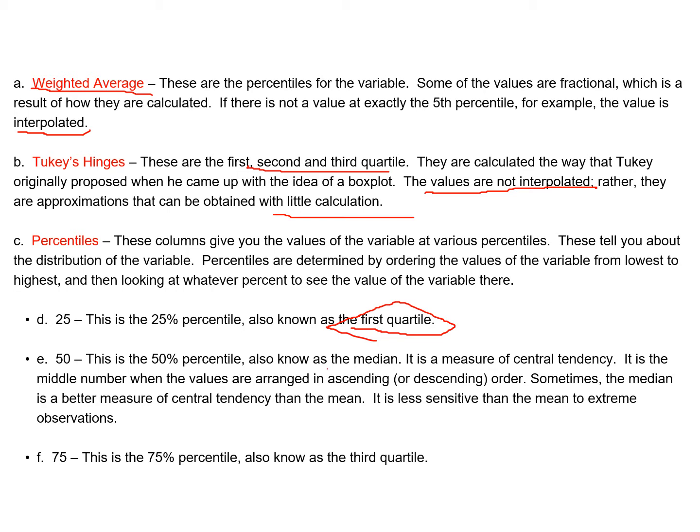This is known to be the median value, which is part of the measurement of central tendency. And what is nice with the median, guys, is that it is less sensitive than the mean whenever we have extreme observations. Then we also have the 75% percentile, which is known to be the third quartile.